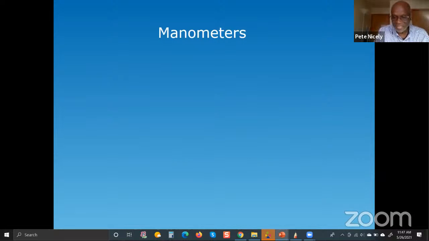Okay, let's move on now to another instrument that is used to measure pressure, but this time pressure for gas. So let's say you have a gas in a container, then this would be the instrument that you'd use to measure it. It's called the manometer.